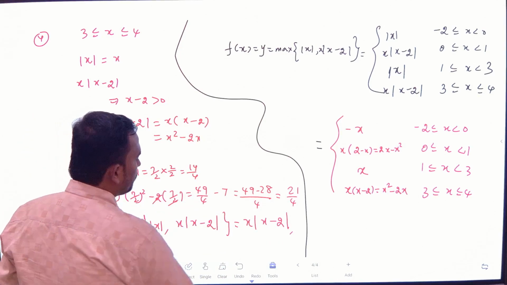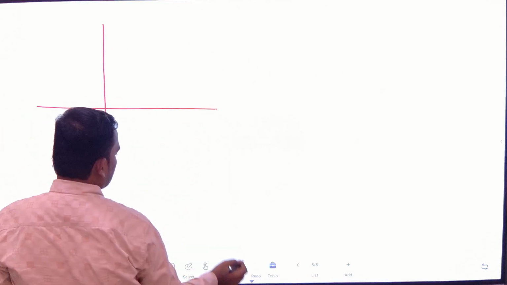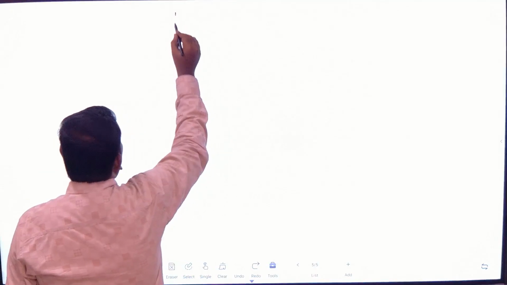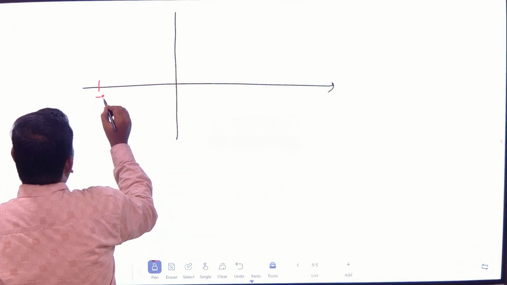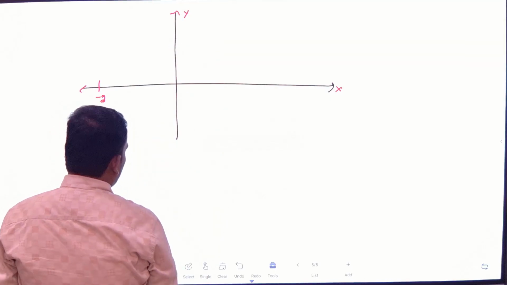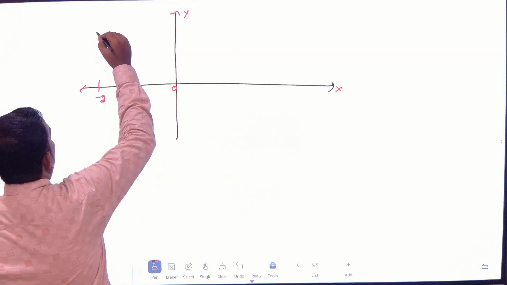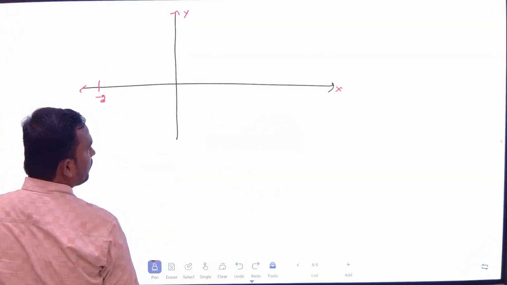Let's draw the graph of this quickly. Here is minus 2, this is x-axis, this is y-axis. Minus 2 to 0, y is equal to minus x, you can see.